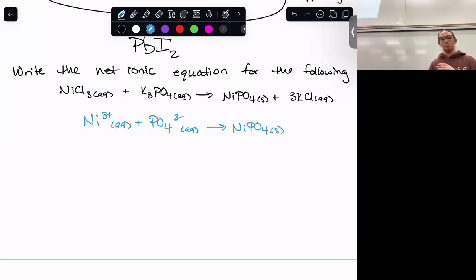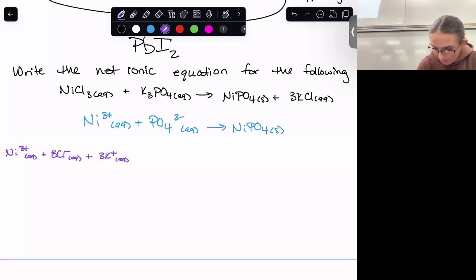Perfect, right? So you have nickel 3+ and phosphate 3-, forming nickel phosphate. Where that came from is that you had nickel 3+ aqueous, and then you have 3 chloride- aqueous ions. You have 3 K+ and a phosphate 3- ion.